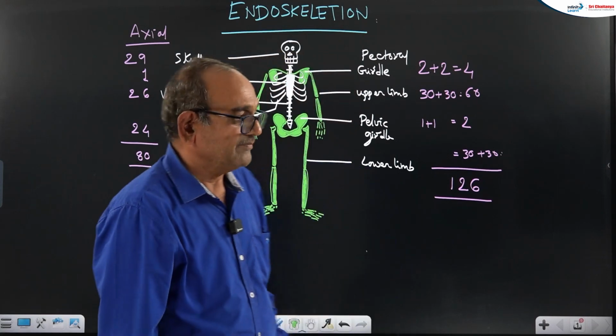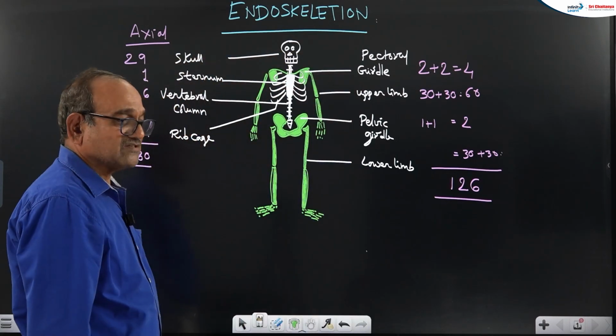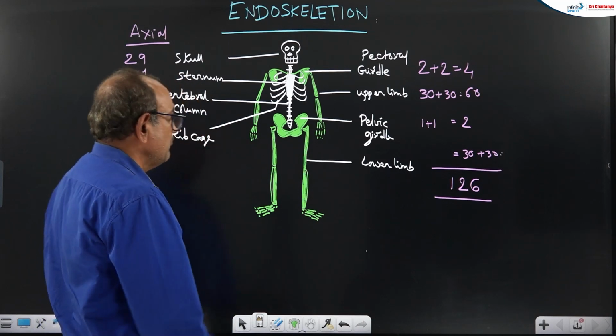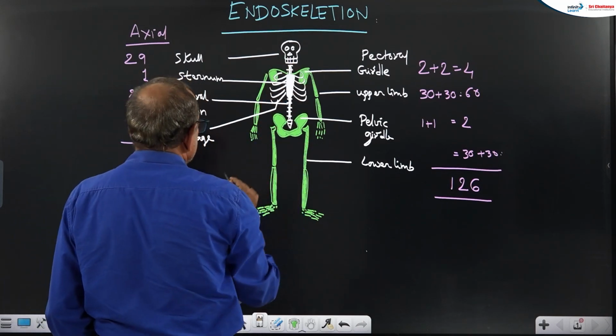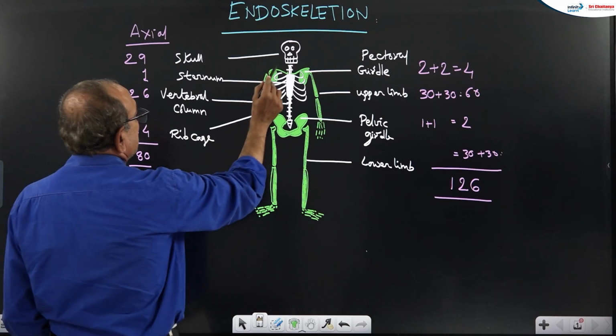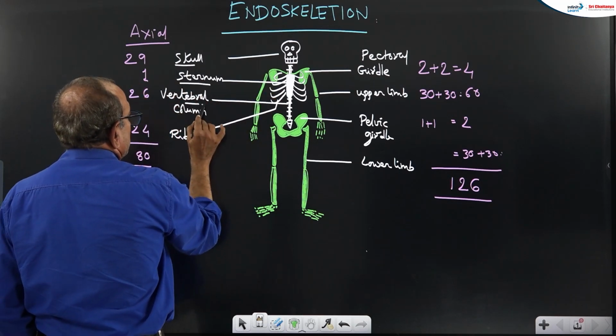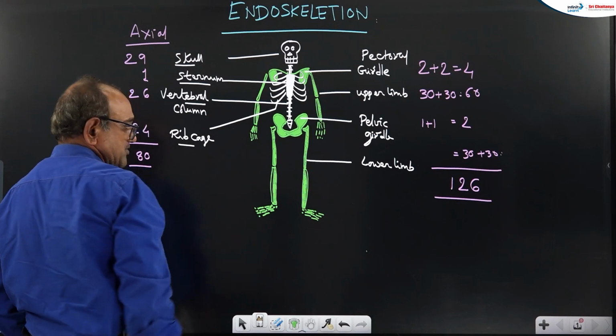Now see this diagram. This diagram represents the entire endoskeleton of human beings. The white components represent the axial skeleton. That includes skull, sternum, vertebral column and rib cage or ribs.